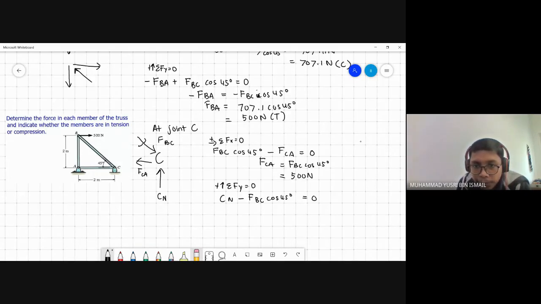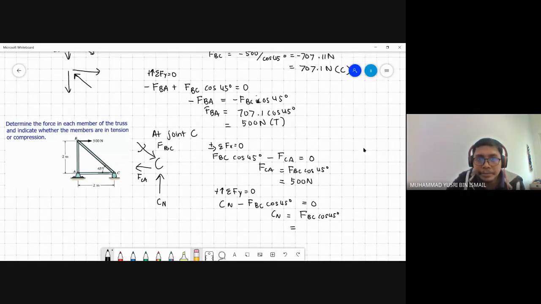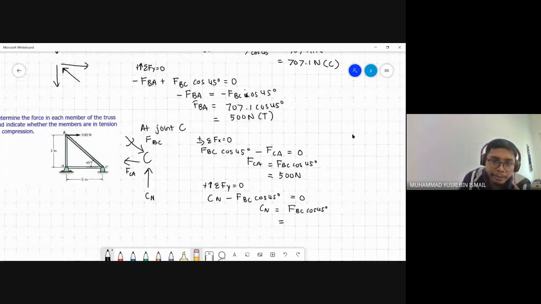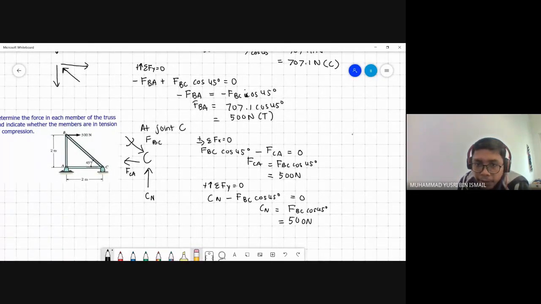Equal to 0. So Cn will be equal to, again FBC is 707. So you also have 500 Newton. So basically Cn is correct. The force is going upward.